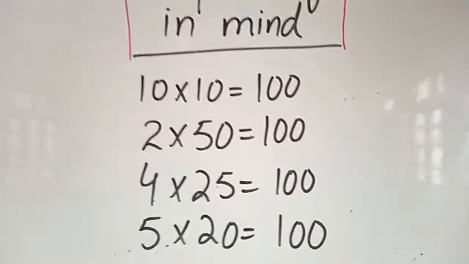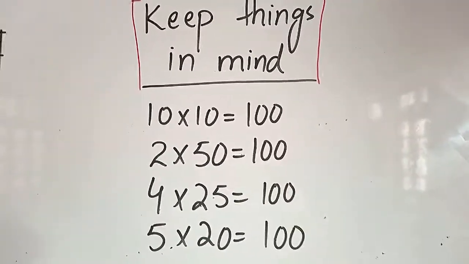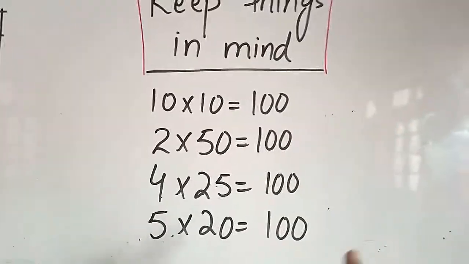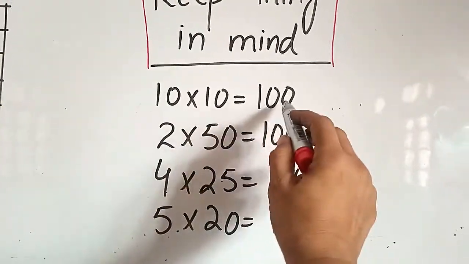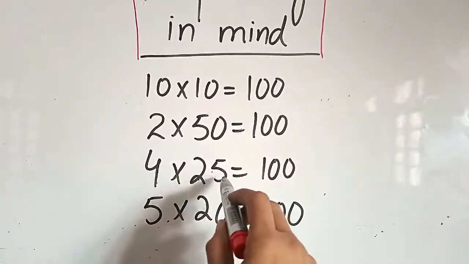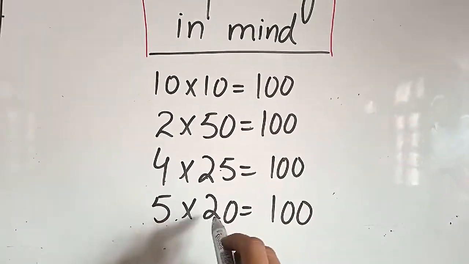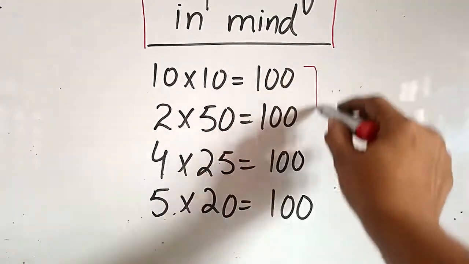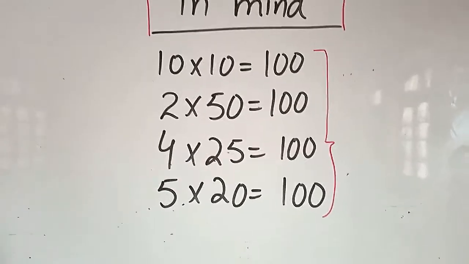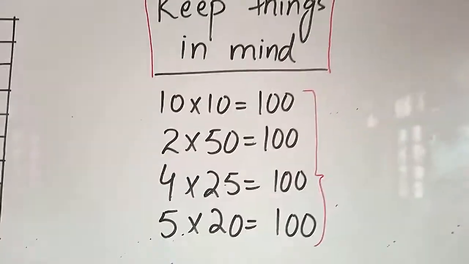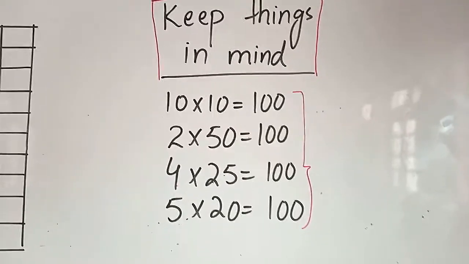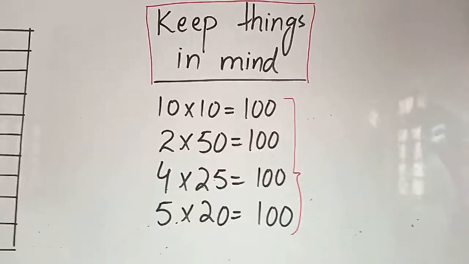Clear? One more thing you should keep in your mind: you should know that 10 tens are 100, 2 fifties are 100, 4 twenty-fives are 100 and 5 twenties are 100. You should know what numbers make 100. It will help you a lot in finding the percentage.